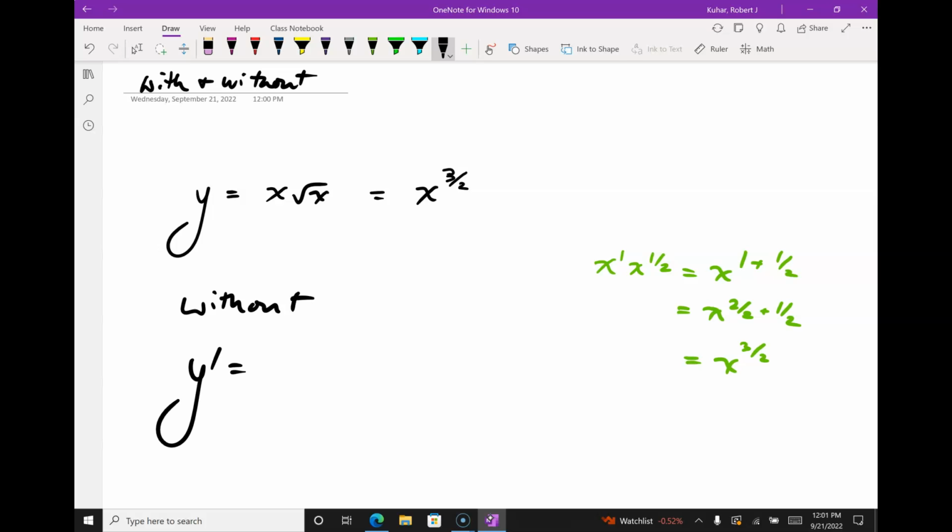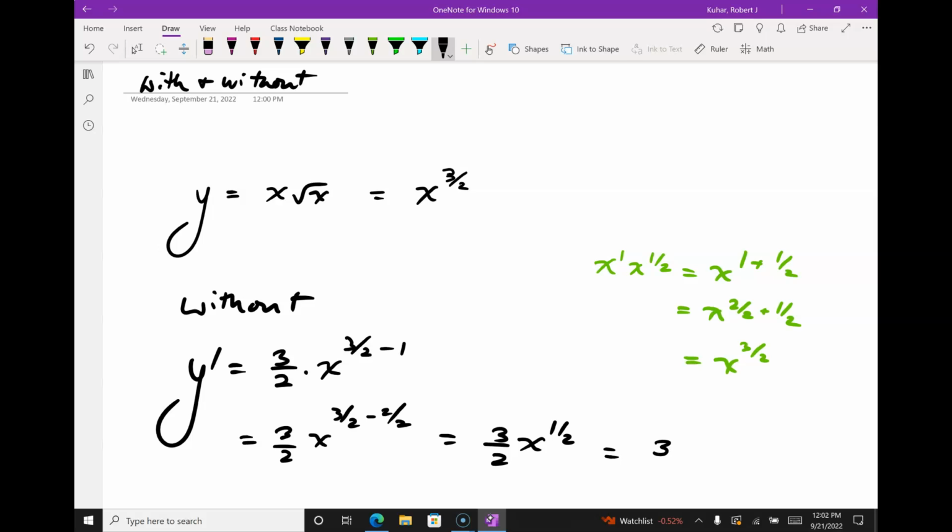What's y prime? 3/2 times x to the 3/2 minus 1. That's 3/2 times x to the 3/2 minus 2/2, which is 3/2 x to the 1/2, or better yet, 3 square roots of x all over 2.